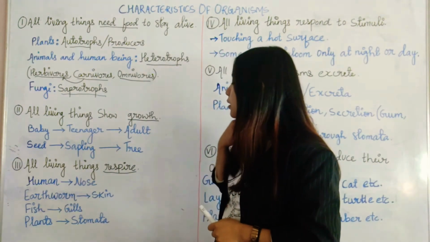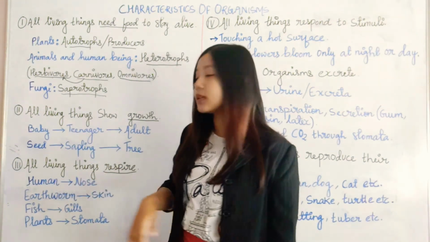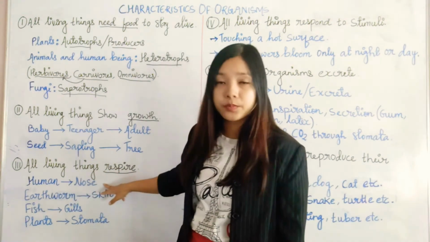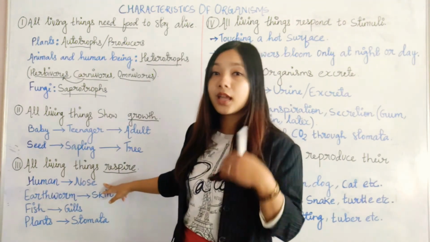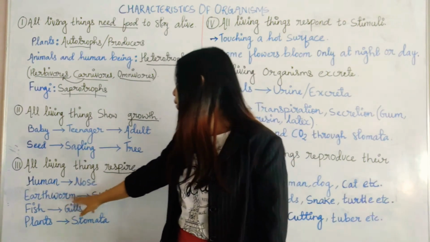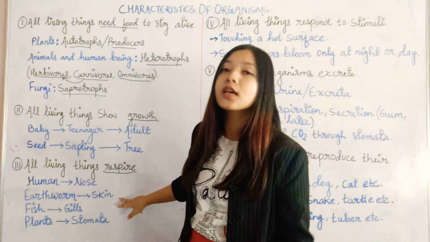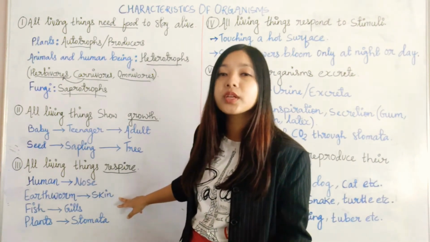So respiration in humans, how do humans take oxygen? Through our nose. By the process of breathing, humans inhale oxygen through their nose. Earthworms take oxygen through their skin. That means earthworms respire through their skin.